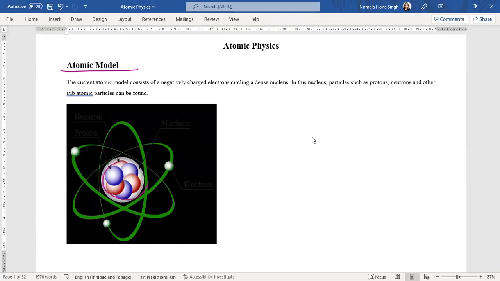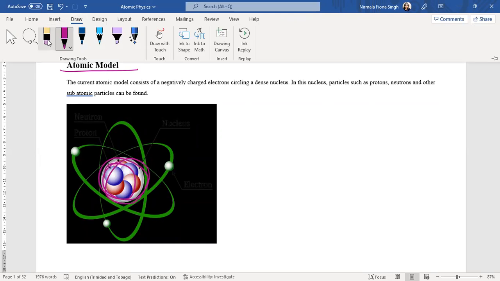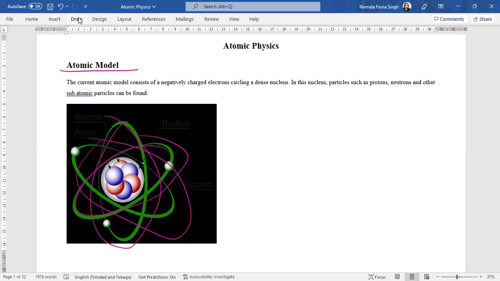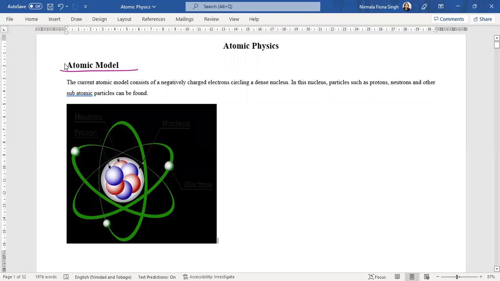We have a very dense cloud in the middle, your nucleus, and then we have the electrons that spin around at high speed, forming a cloud around your nucleus. So that is what we know now, as in confirmed. We've seen it, we've done experiments to prove it without a doubt.